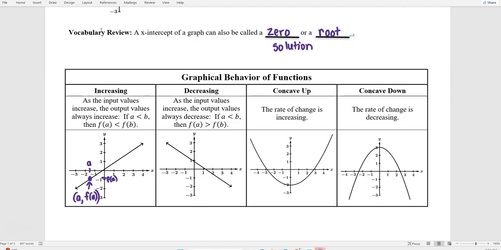We don't represent it like that much before this class. So if I have B, I'm going to put B over here. There's B. Then the coordinates for this point would be B, f of B. And that means f of B would be right here on the y-axis.